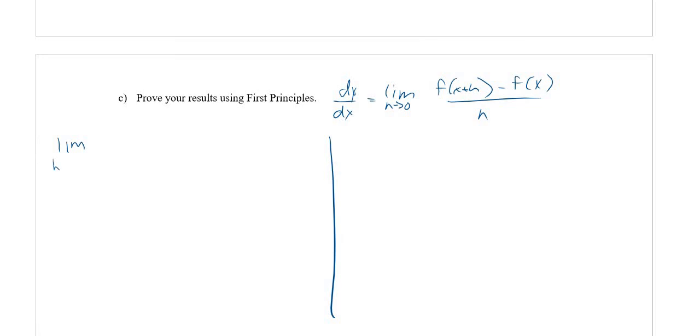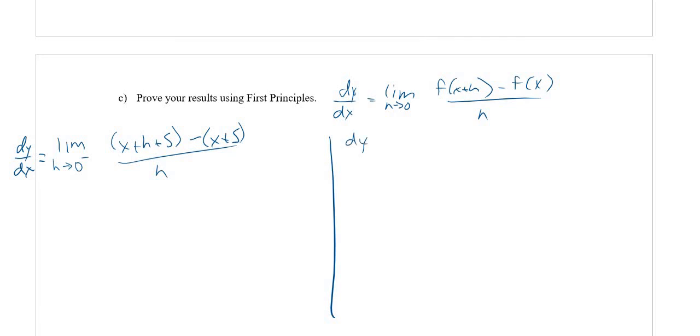So the limit as h approaches 0 from the left is going to be, let's clean it up a bit. dy by dx is equal to the limit as h approaches 0 from the left of x plus h plus 5 minus x plus 5, over h.